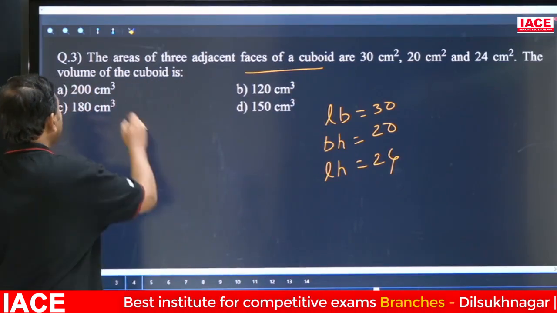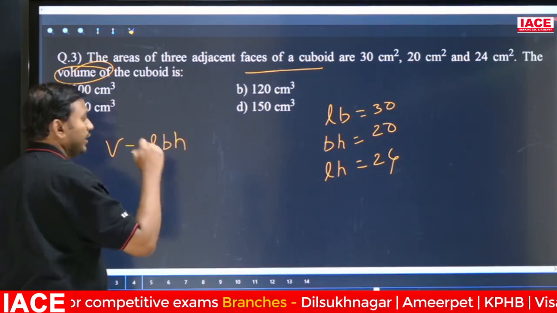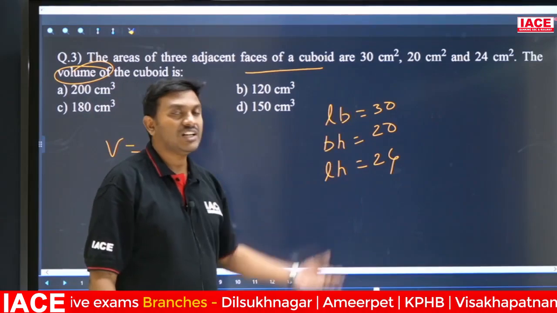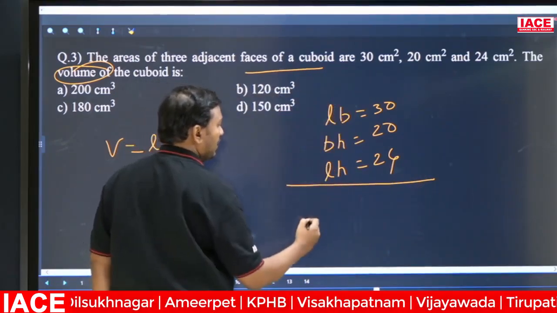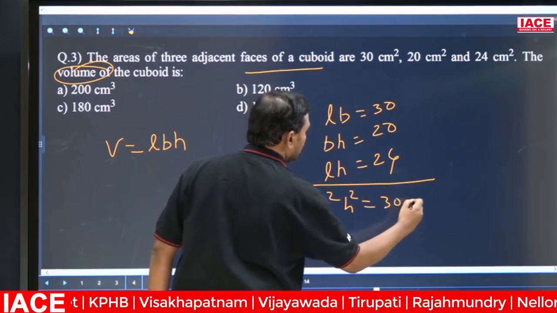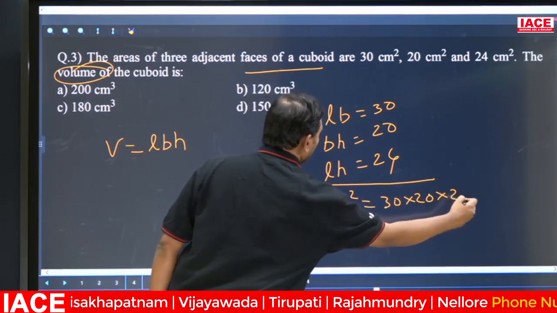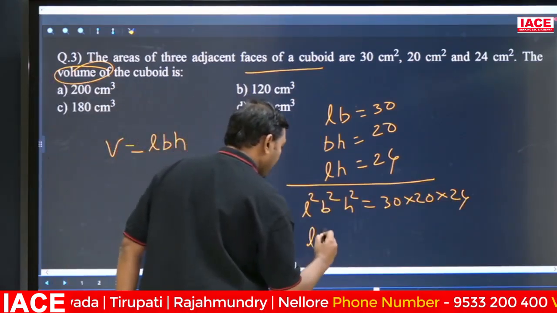Then what do we have to find? The volume. The volume of a cuboid is LBH, and from this data we have to find LBH. Very simple: multiply these three. L square B square H square equals 30 into 20 into 24. We have to find LBH, meaning the square root of this.